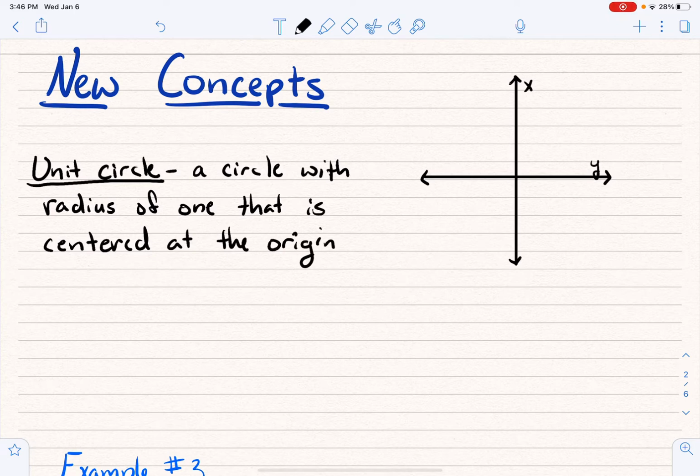Now, later in this year, we're going to do a lot more with the unit circle. But right now, we just need this basic understanding of what the unit circle is. A unit circle is a circle with a radius of 1 that is centered at the origin. So what does that mean? Well, I could just draw a circle like this and say, okay, there we go.